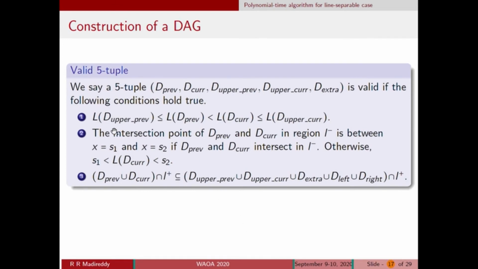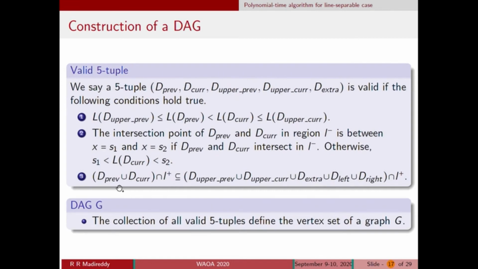First, L of D upper previous is less than or equal to L of D previous, which is less than L of D current, and less than or equal to L of D upper current. Second, the intersection point of D previous and D current in region L minus is between x equals s1 and x equals s2. Third is the property that we are capturing: D previous union D current intersection L plus is a subset of the union of these five disks intersection L plus, so that the red points covered by D previous and D current are not double counted.